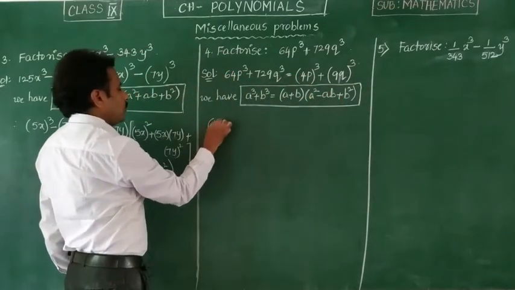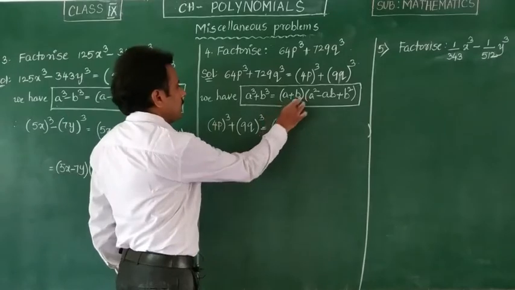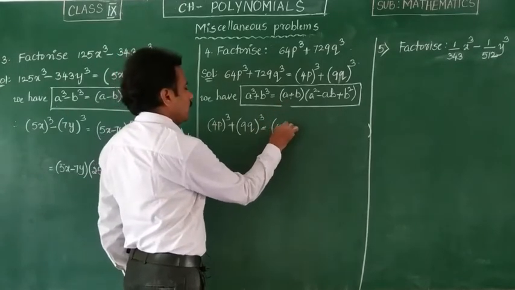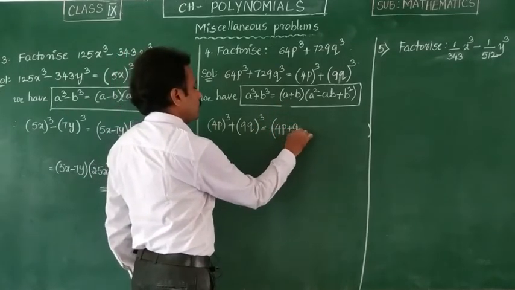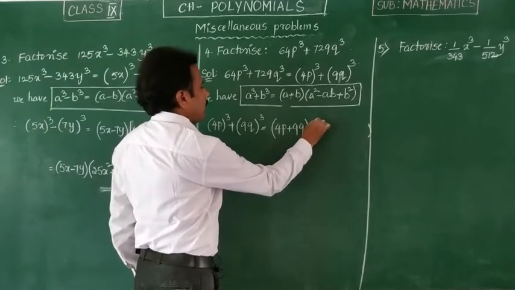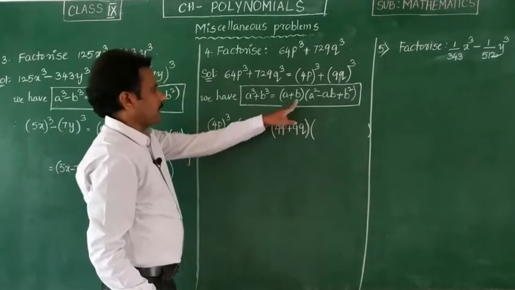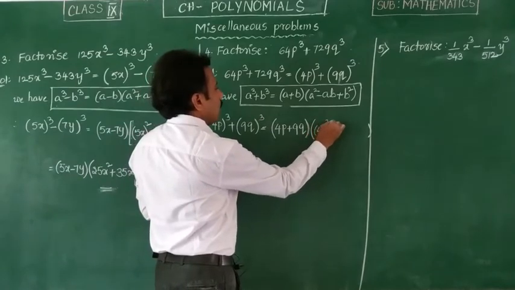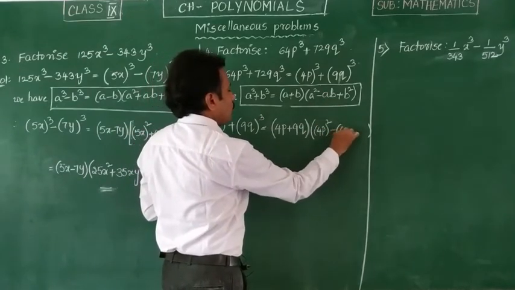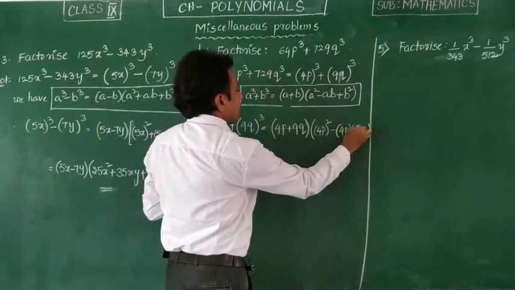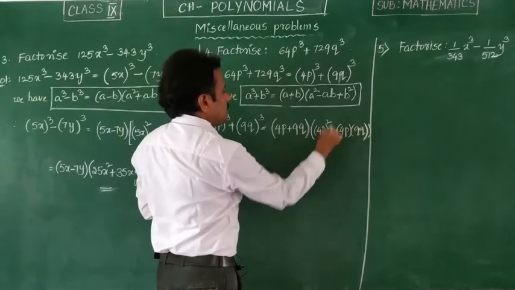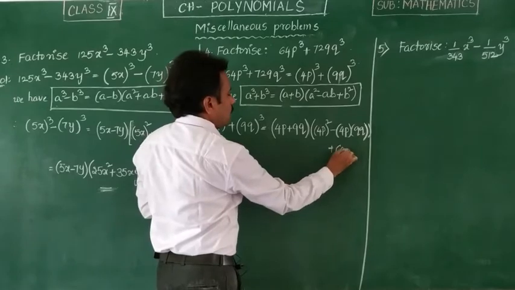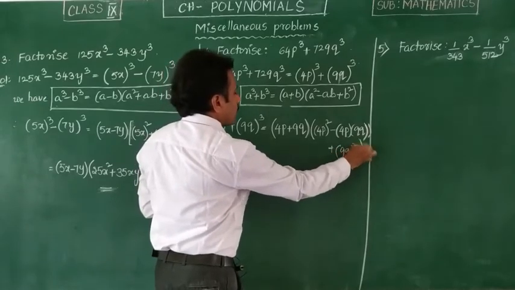So with 4p whole cube, a is 4p, b is 9q, multiplied by a square, that is 4p whole square, minus ab, that is 4p into 9q, plus b square, that is 9q whole square.